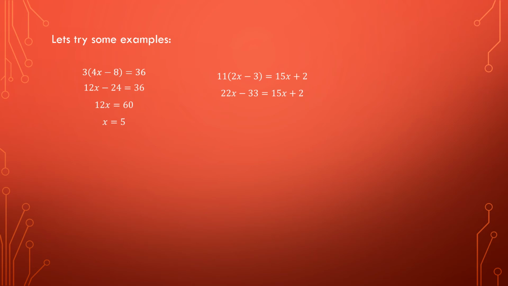And for the more able of us, in one fell swoop, we're going to add on 33 to both sides. So what I want to do is get rid of that minus 33 that appears on the left. So in one line, we're going to subtract 15x and we're going to add 33. So that's going to leave me with 7x equals 35. So you can still take that in 2 steps if you want to.